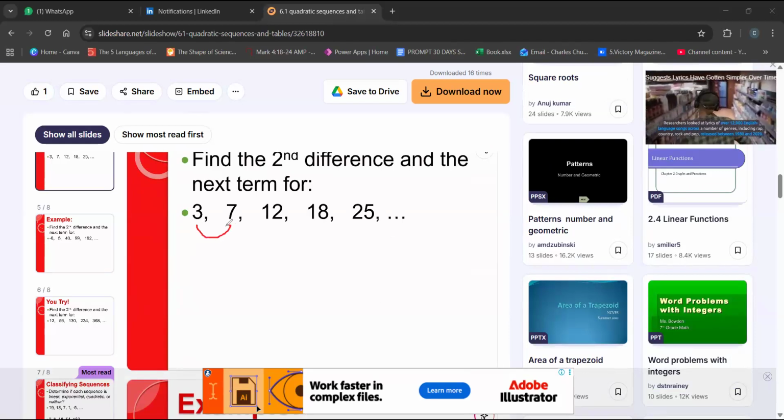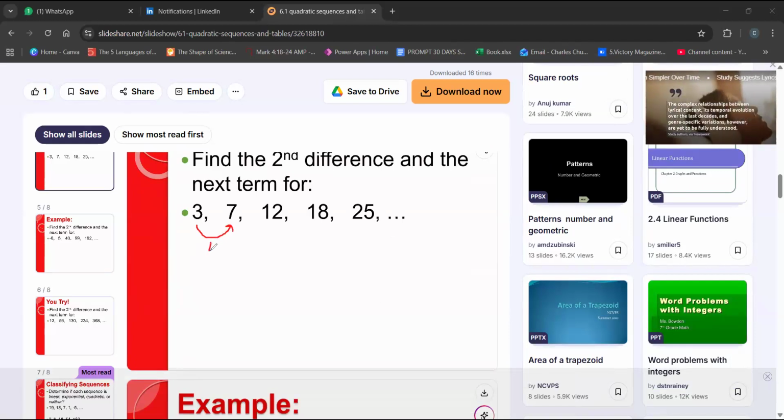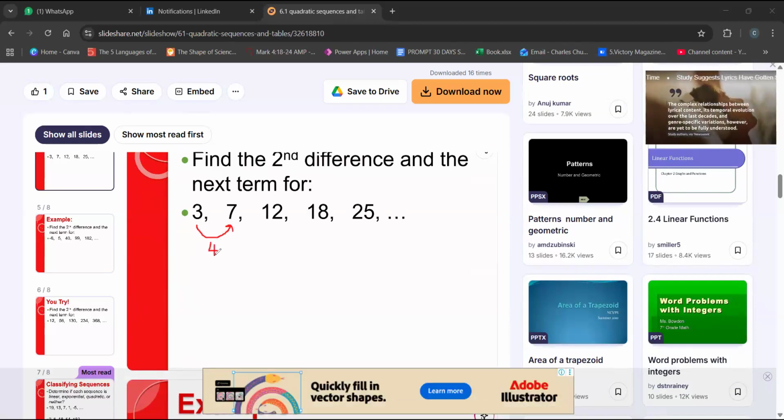So do we have 4, and then between 12, that's five. Between 12 and 20, that's 6. Okay, so of course it looks like the next is 7.